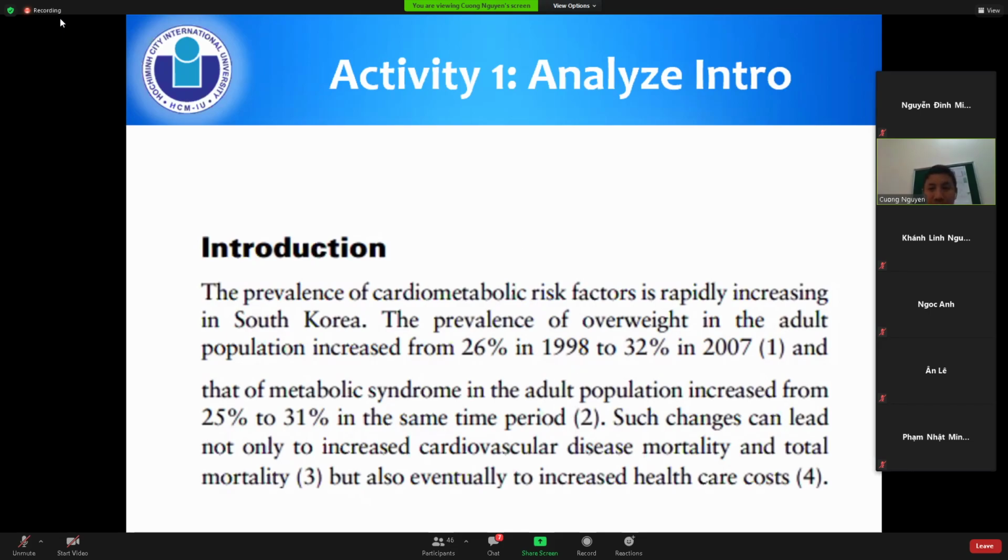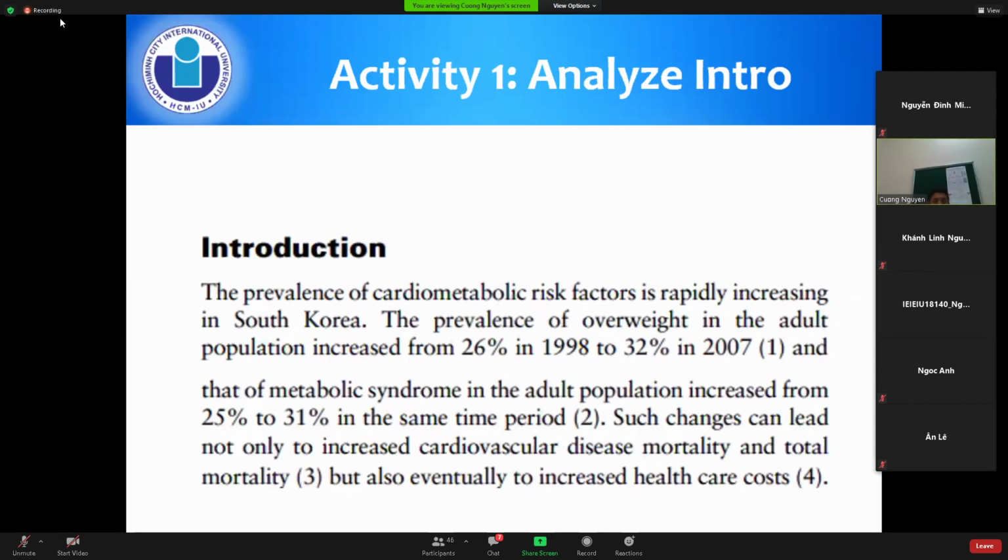Okay, so who can read aloud this slide, folks? Philong, can you read aloud the text on the screen? So the prevalence of cardiometabolic risk factors is rapidly increasing in South Korea.